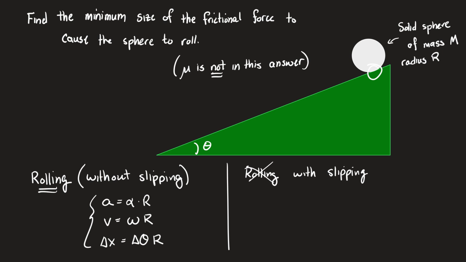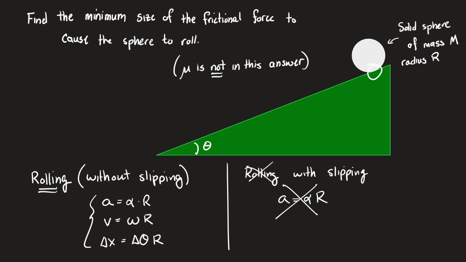Rolling's a condition. So if you have something that's slipping, then none of these are true. I'm not going to rewrite them all. I'm just going to write one and say none of these are true. Meaning the rate that it's moving translationally isn't matched up with its rotation. When you were a kid, you probably skidded your bike once in a while, locking up the back wheel and sliding.